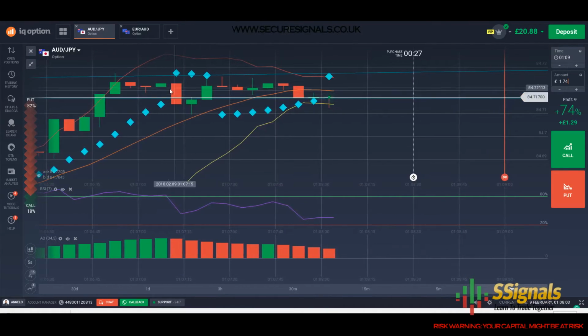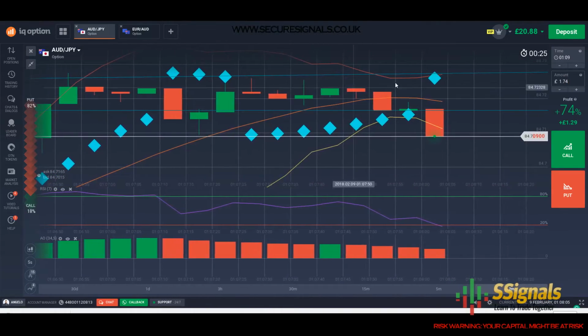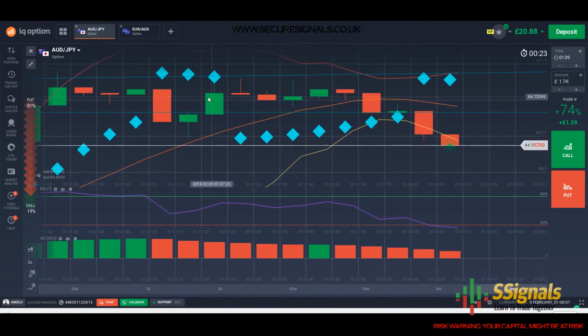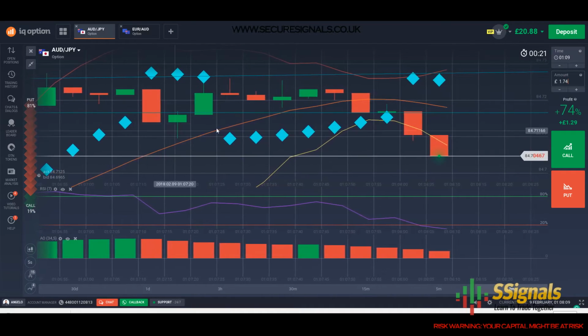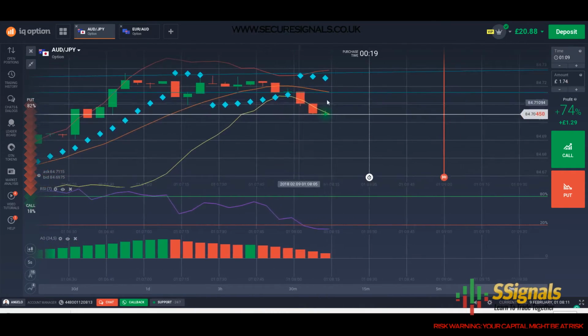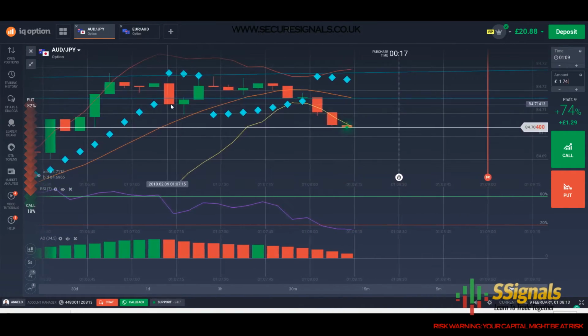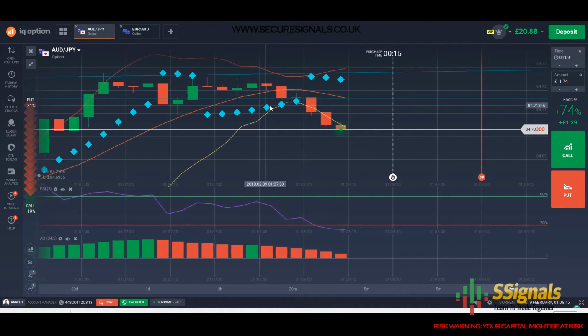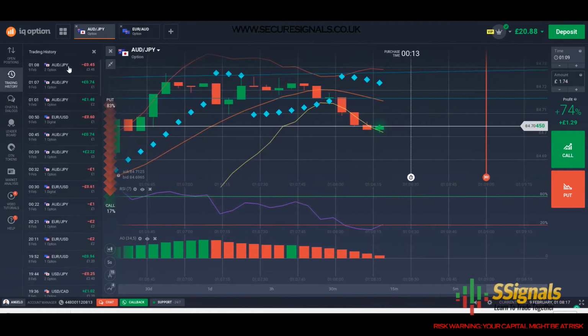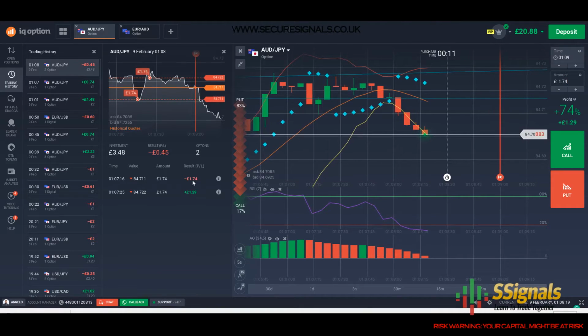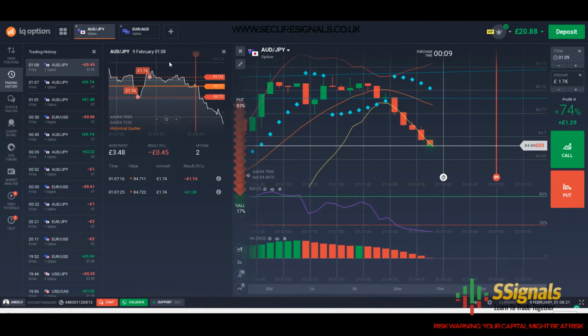As you see the spike here, I didn't mean to catch it so low because it was just a broken lag. I should have waited a little bit more because I didn't let the candle finish, and because of the broken lag it just closed at the bottom of it. It wasn't great. So I should actually be in, so I'm 45p down when I should have been way more up. But tell me if you got ITM there or not.